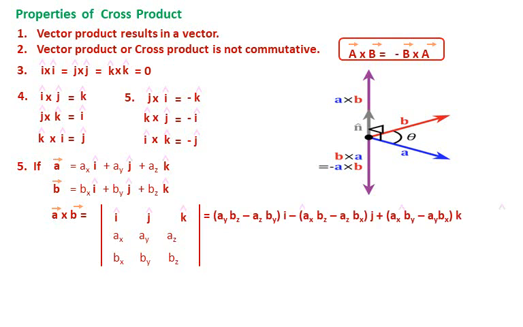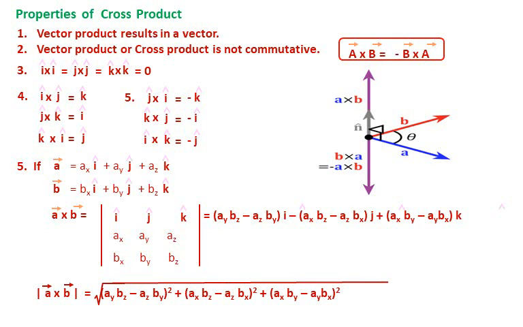And that will be equal to i unit vector multiplied by (ay bz minus az by) minus j unit vector into (ax bz minus az bx) plus k unit vector into (ax by minus ay bx).